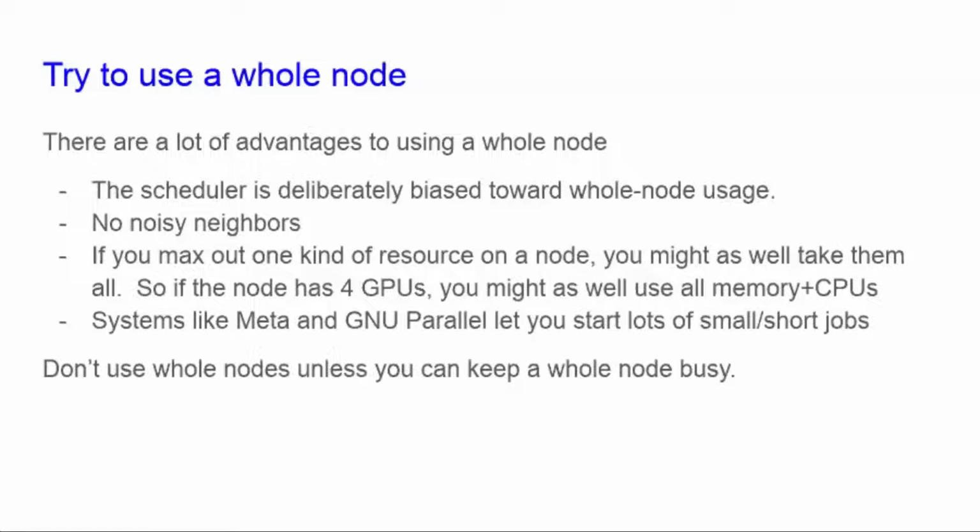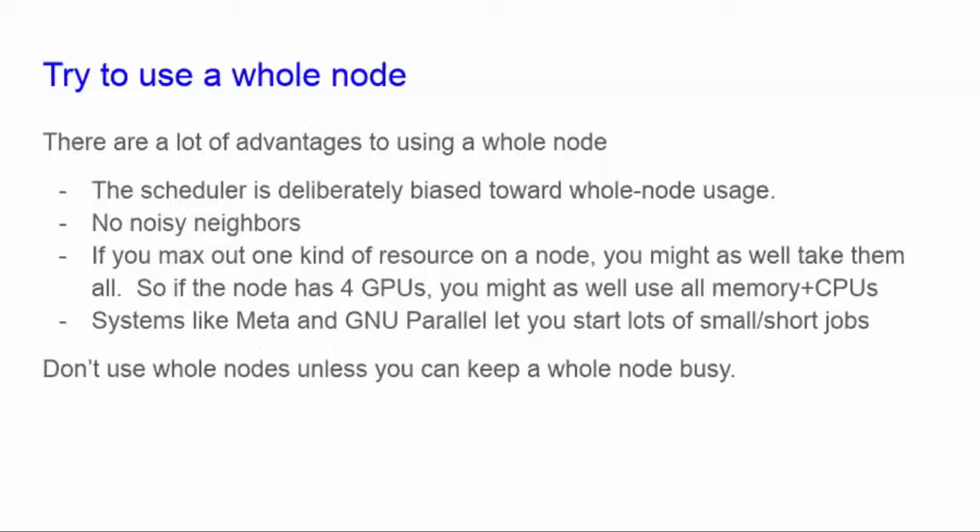There are programs like Meta and GNU Parallel that let you set up basically a list of work units, like micro jobs, and it will run through them, execute them within the job context.